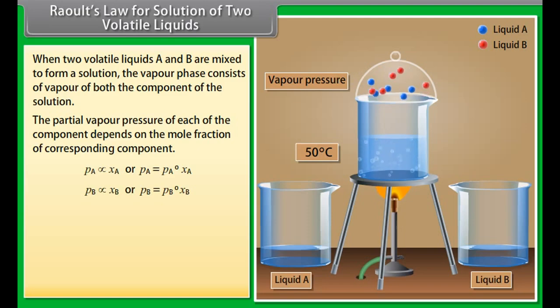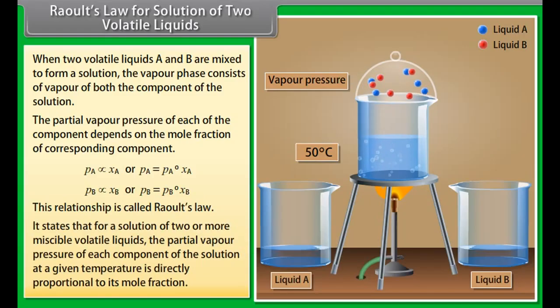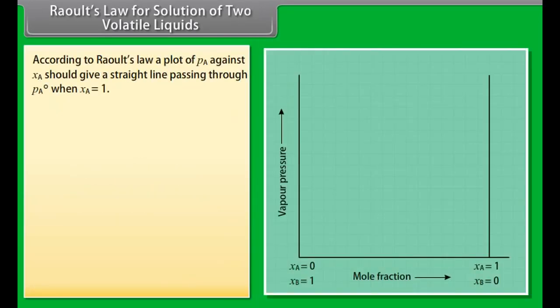This relationship is called Raoult's law. It states that for a solution of two or more miscible volatile liquids, the partial vapor pressure of each component of the solution at a given temperature is directly proportional to its mole fraction. According to Raoult's law, a plot of PA against XA should give a straight line passing through PA⁰ when XA is equal to 1.